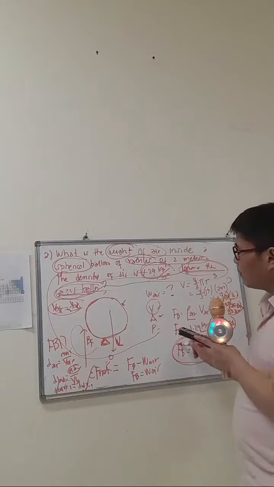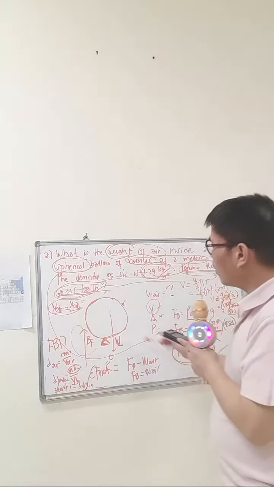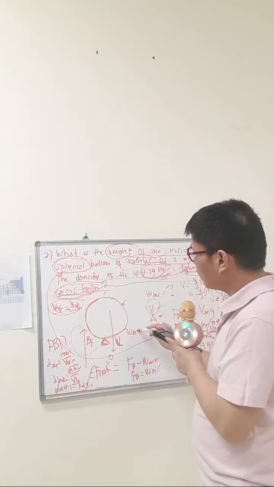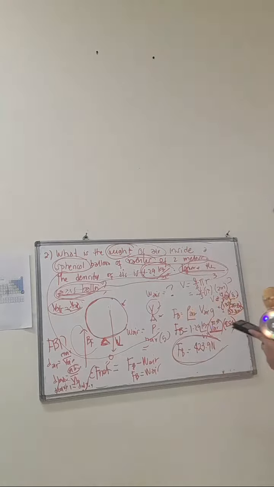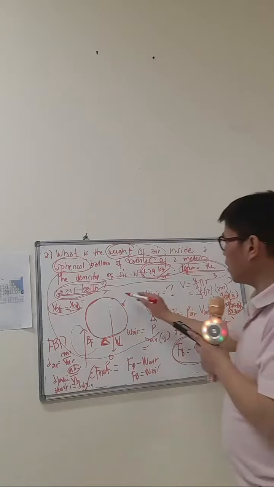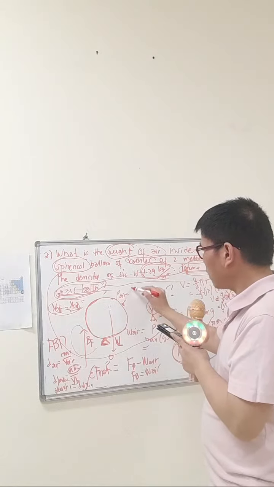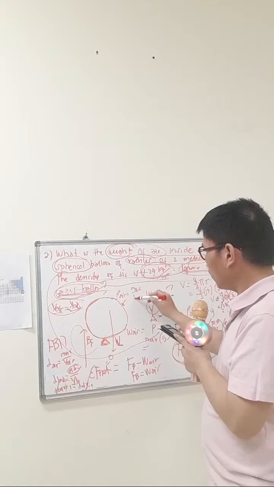If you really want to prove it, weight of air is equal to mass of air times acceleration due to gravity. For the mass of air, we use density. Density of air is equal to mass of air over volume of air.